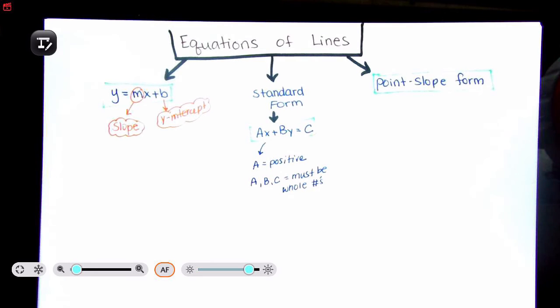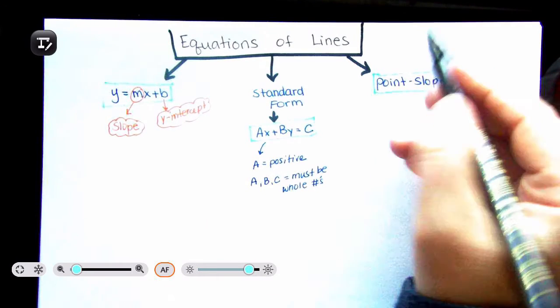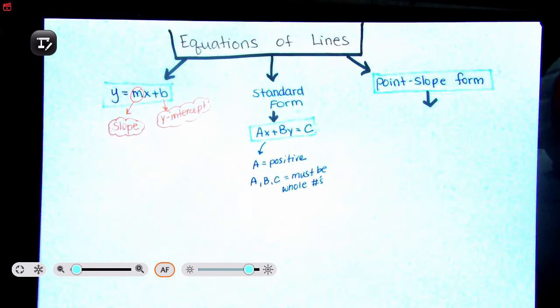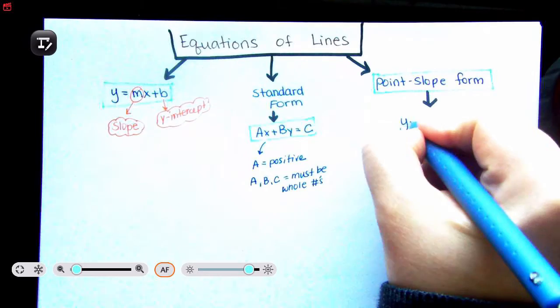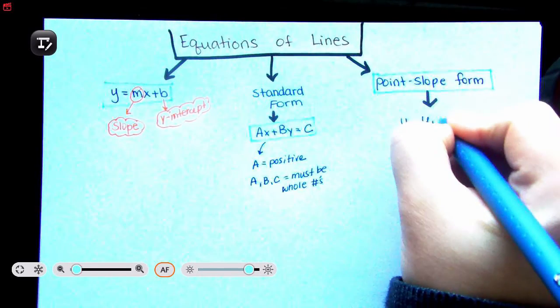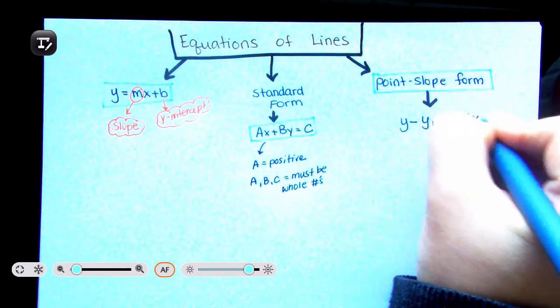Let me let you know what the point-slope formula is: y minus y1 equals m times the quantity x minus x1.